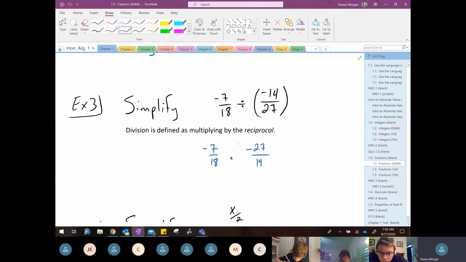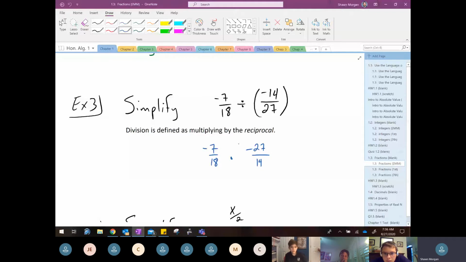So if we remember that dividing is the same thing as multiplying by the reciprocal, then we've got ourselves a problem just like example 2 now. And what's the first thing that I should do in a problem like example 2? Should I go ahead and multiply -7 times 27? No. Let's try to cancel some common factors out. Who sees a common factor that they could cancel out there?